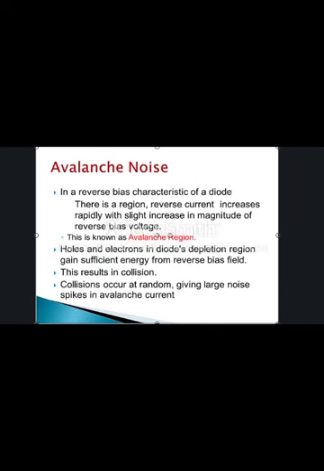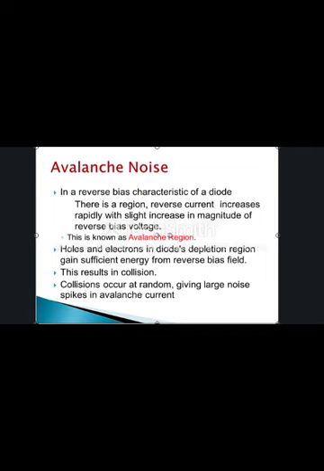The last type of internal noise is avalanche noise. As you all are aware of the avalanche effect. What is the avalanche effect? Whenever a diode is reverse biased, the reverse bias characteristic of a diode is such that there is a region where the reverse current increases rapidly with a slight increase in the magnitude of reverse bias voltage.